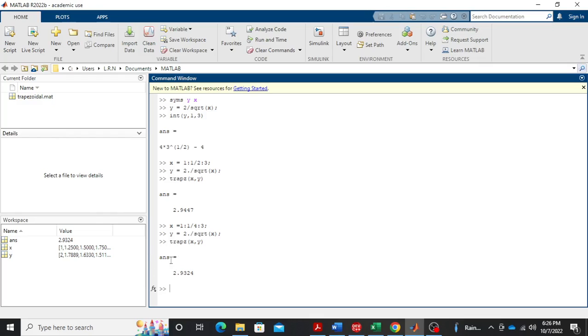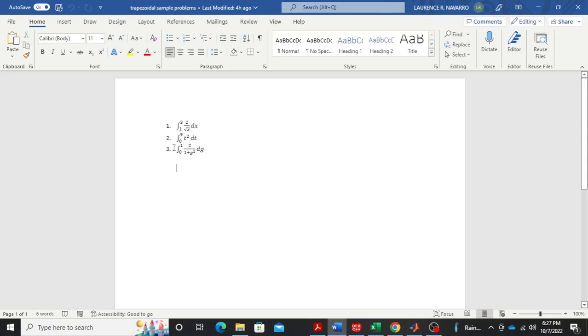As we can see, the answer from trapezoidal method with 8 intervals is closer to what we obtained from the conventional evaluation of definite integral or conventional integration. So our conclusion here is that the greater the number of intervals, the closer the answer to the one obtained from conventional integration.